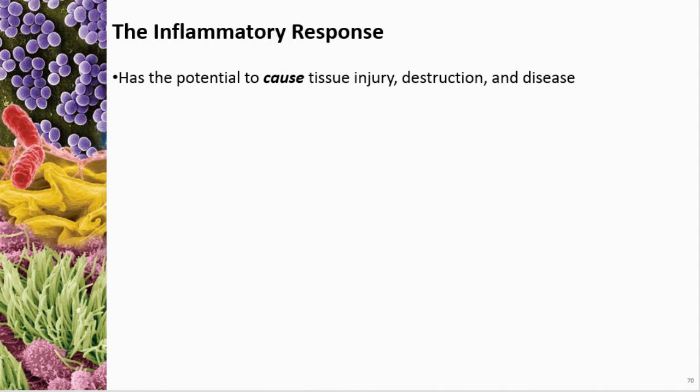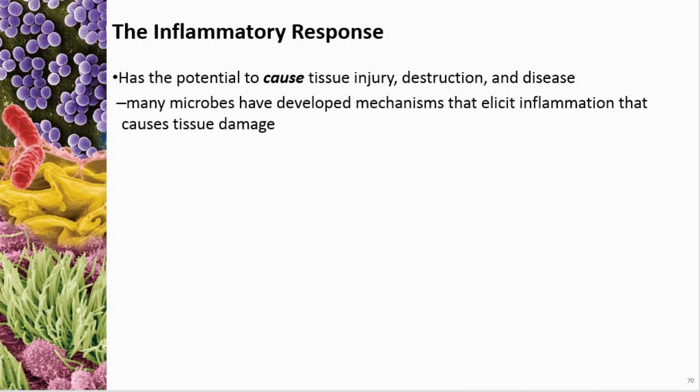Now the bad thing about this inflammatory response is it can become a vicious cycle and actually cause tissue injury. Obviously that's why we were talking about the chronic diseases earlier. So some of these microbes actually have developed mechanisms to cause inflammation to occur on purpose because it benefits them somehow.